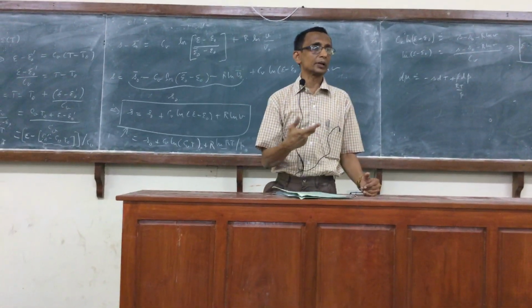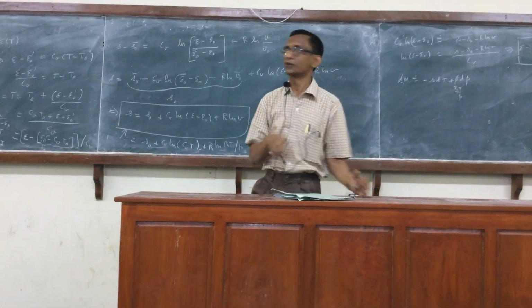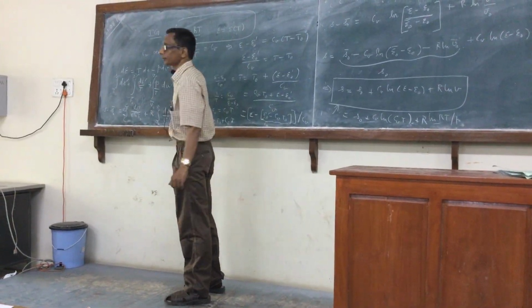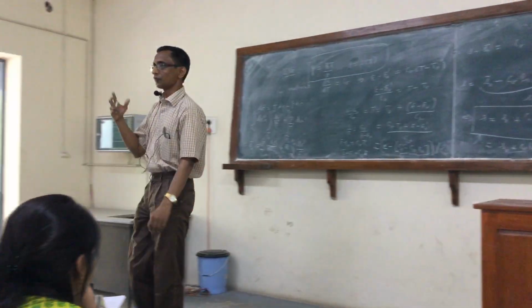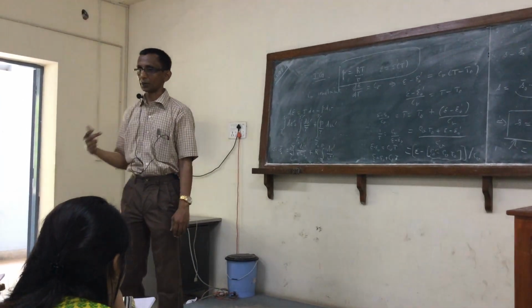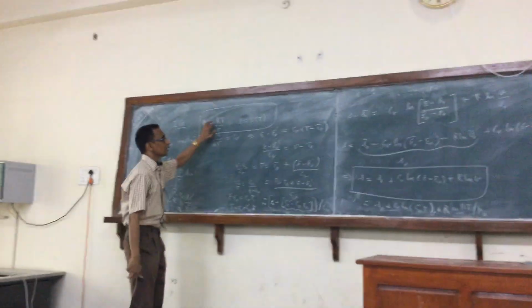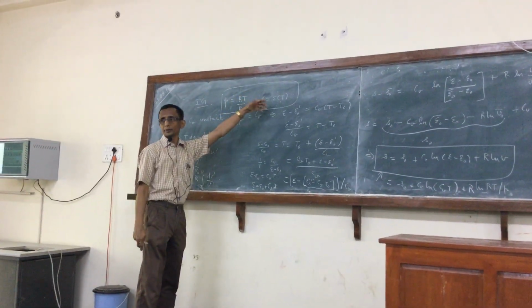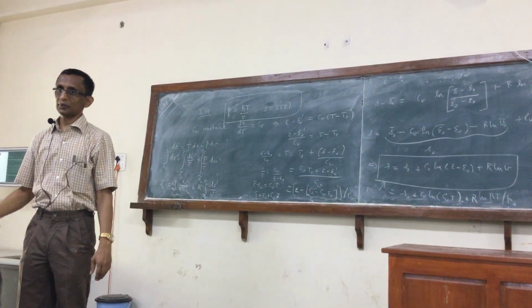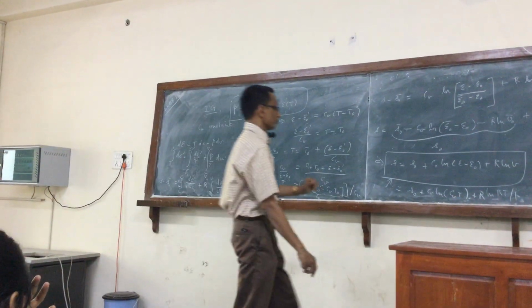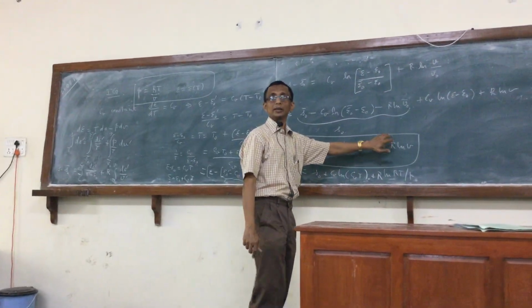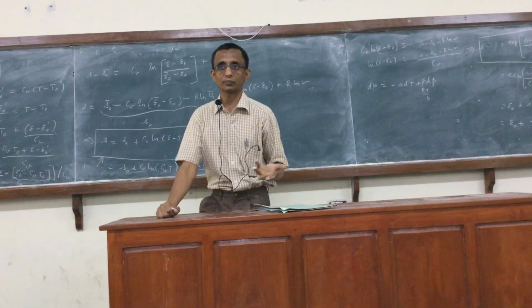I've got some fundamental equations for the ideal gas which might not be very evident by just looking at this. I've shown how to construct the fundamental equations from pieces of information which by themselves are not fundamental equations, because we've already seen that this is by no means a fundamental equation. E, which is a function of temperature, is also not a fundamental equation. And in fact, when you express it in terms of S, you not only get dependence on S but also on V for the ideal gas itself.